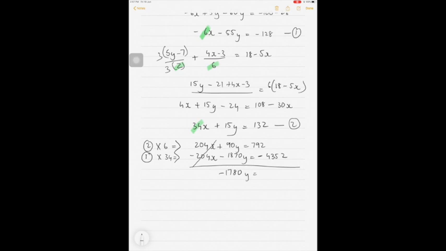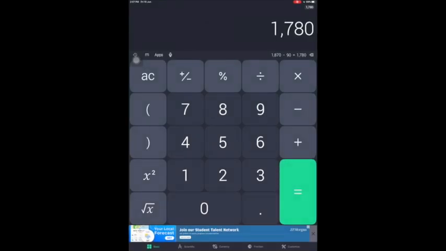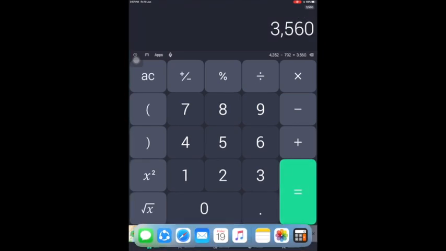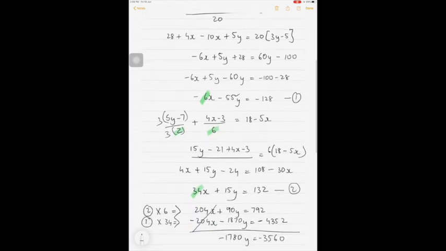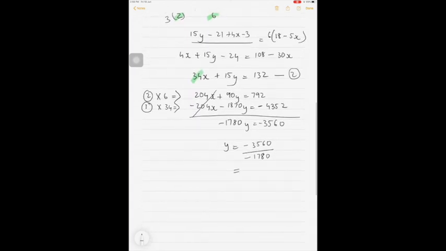So 1780y is equal to 4352 minus 792. 4352 minus 792 is equal to 3560. So y is equal to minus 3560 upon minus 1780.